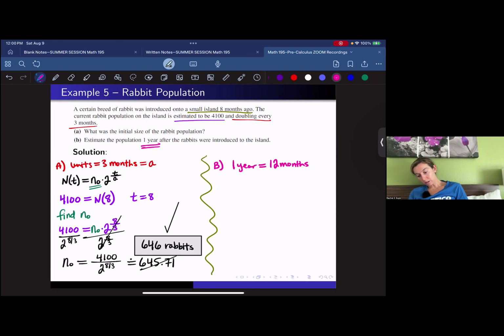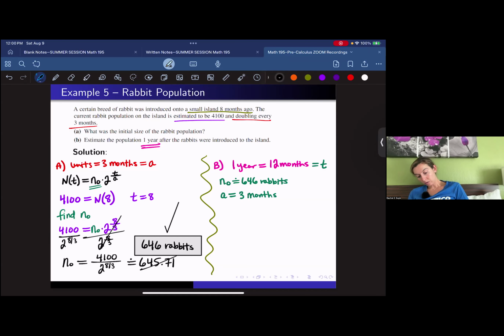We now know that our initial value is, we'll use 646 rabbits. Our A value doesn't change, it doubles every 3 months. And our T is going to be that 12 months.